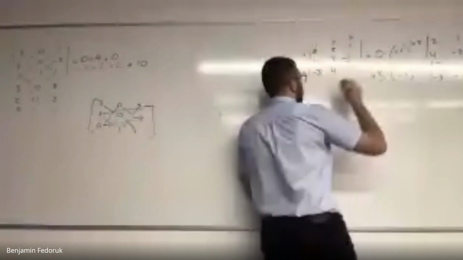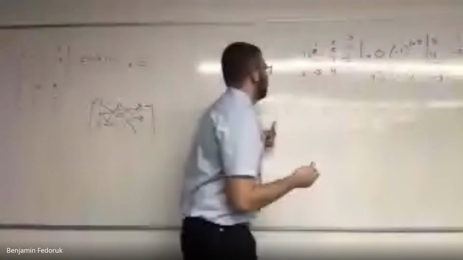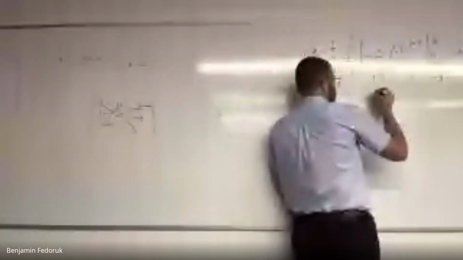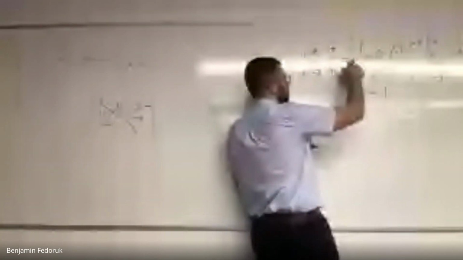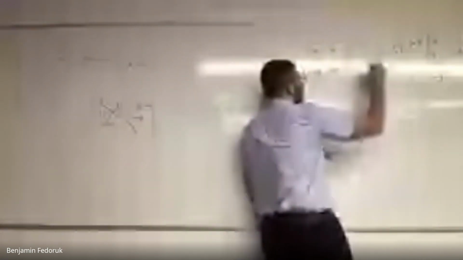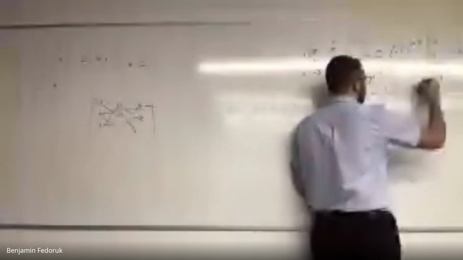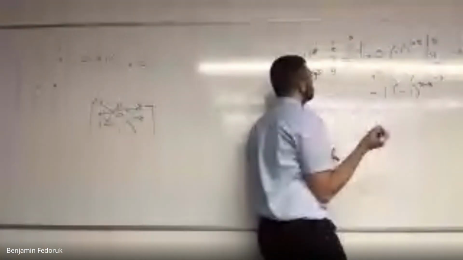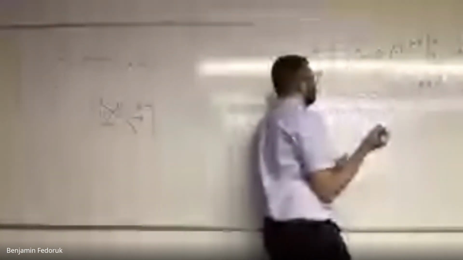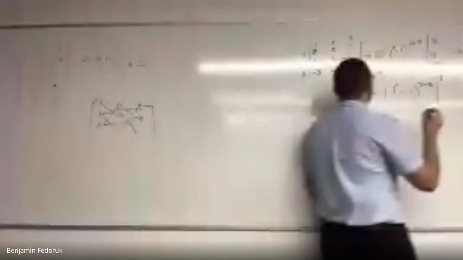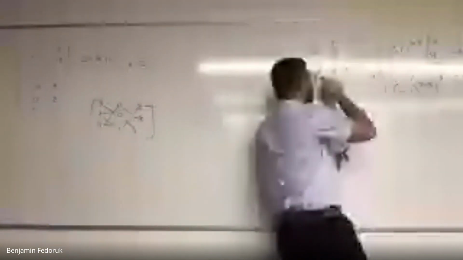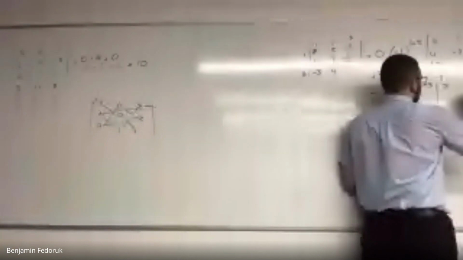Draw a line through the last one. So it's -1, it's in position 2, 3. So we're going to do times -1 to the 2 plus 3, and then the determinant of what's left over: 7, 2, -3, 4.